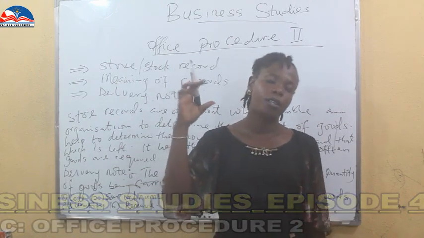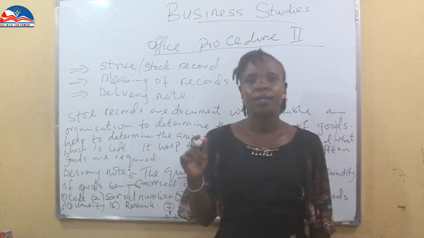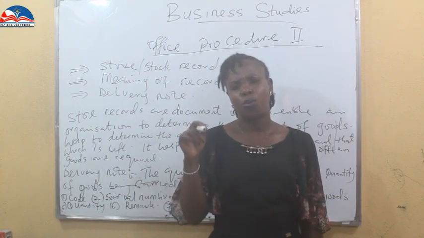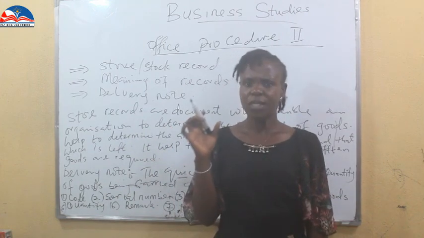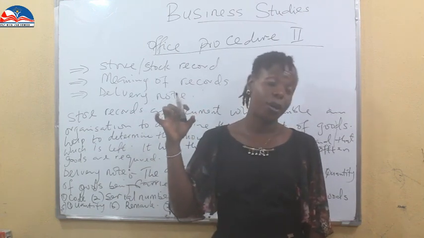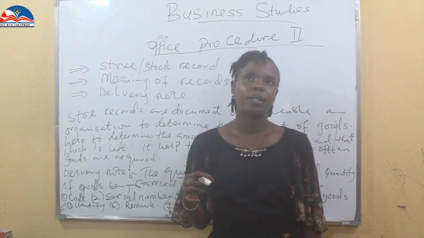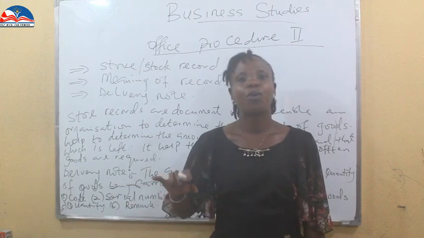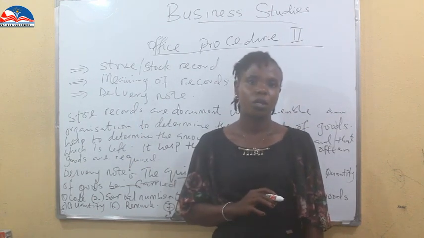I don't have a sample of a store record here with me, but it's an assignment I want to give to you. Pardon me, I was supposed to come with a record, but I want to give it to you as an assignment. Go to the internet, Google a sample of a store or stock record. See how it looks.